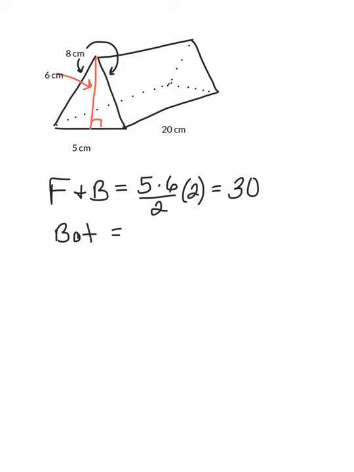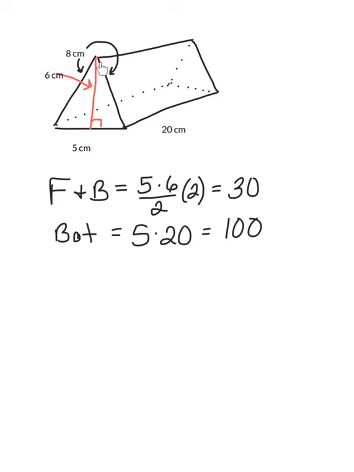So the bottom is going to be 5 times 20, which is 100. Don't get confused when you're doing this. Be careful.